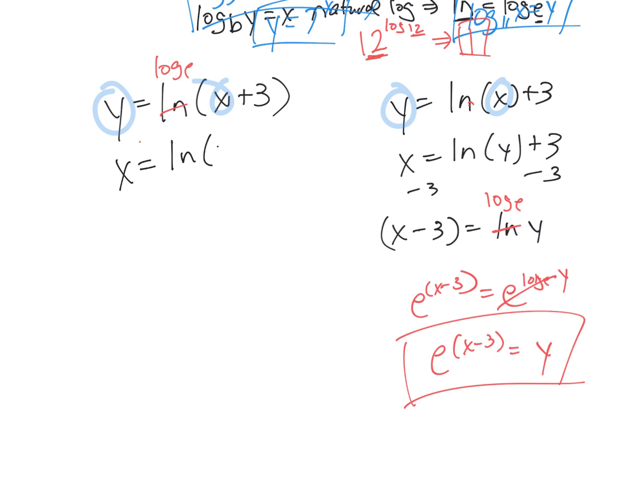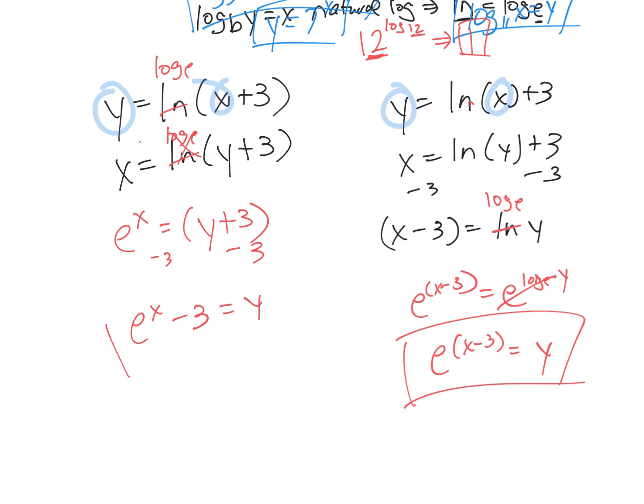Keep doing that. I even did that in class. Again, this is my log base e. So I'm going to do my e, my exponential. Technically, if I do the exponential over here, this gets rid of that. So I have x. I have y plus 3. Now I can subtract the 3. So I get e to the power of x minus 3 equals y.